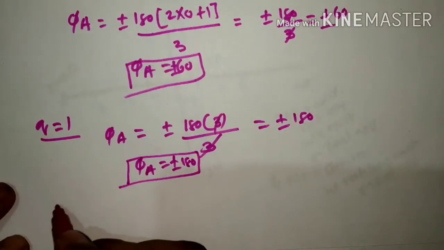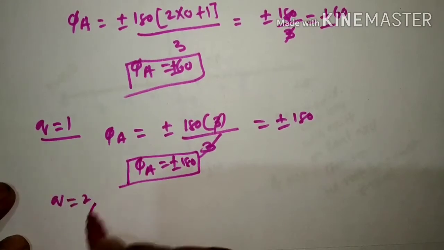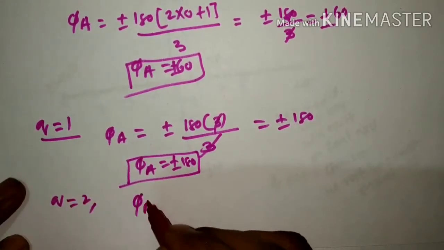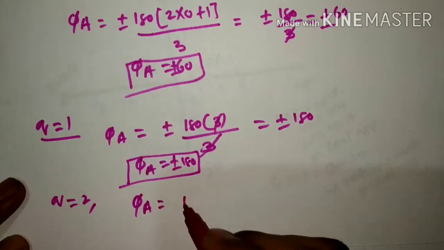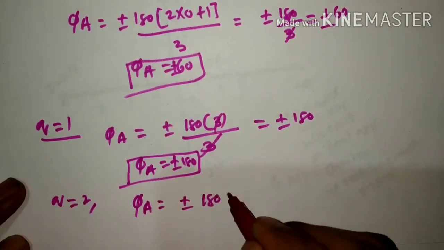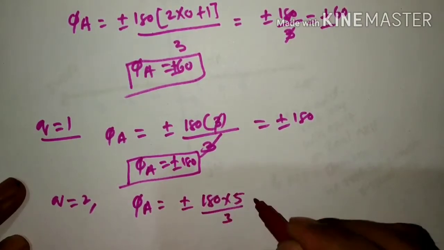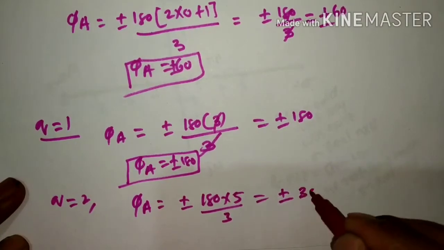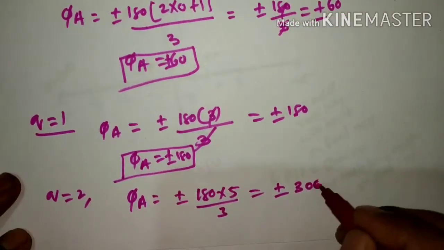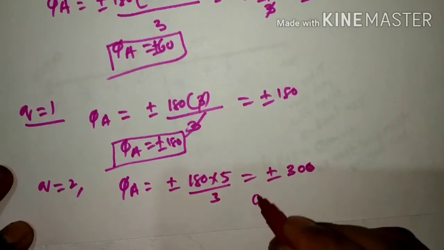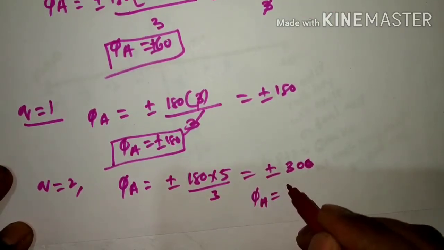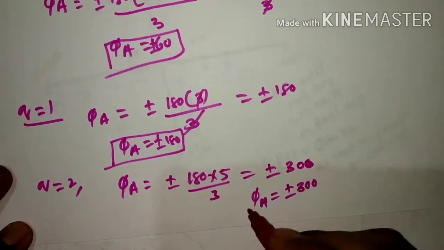When q is equal to 2, your asymptote is plus or minus 180 times 5 by 3, so plus or minus 300. So here your phi a is equal to plus or minus 300.